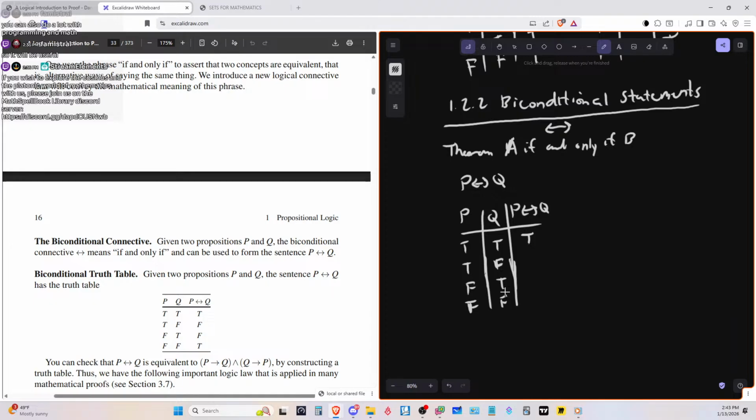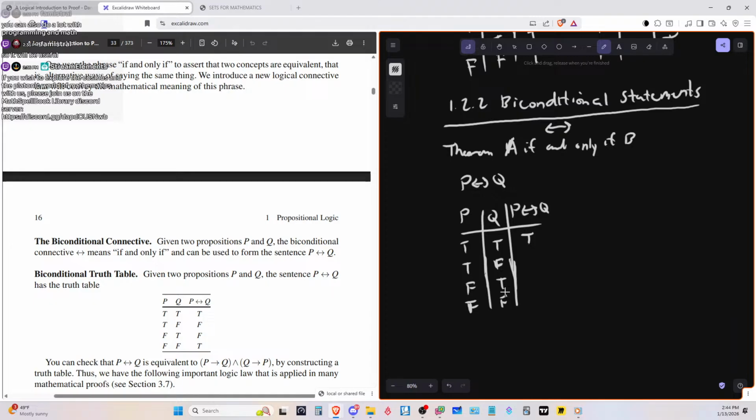If Q is false, then that implies P is true. But if P is true, then that implies Q is false. Now, what does that mean for the statement as a whole? What does it say in here?